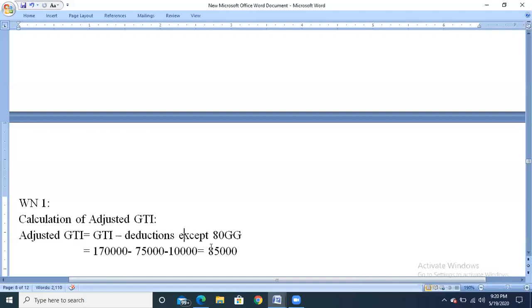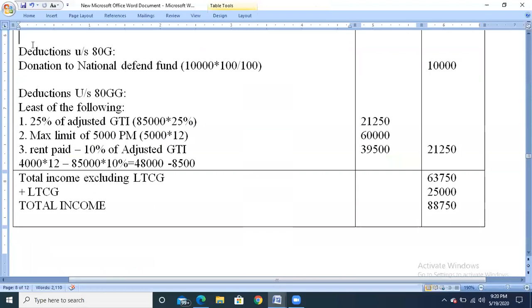Now we got the adjusted gross total income. First one, 25% of adjusted gross total income. Adjusted gross total income is 85,000 into 25%, we get 21,250. Next, the maximum limit of 5,000 per month, so 5,000 into 12 for one year. So the maximum is 60,000.